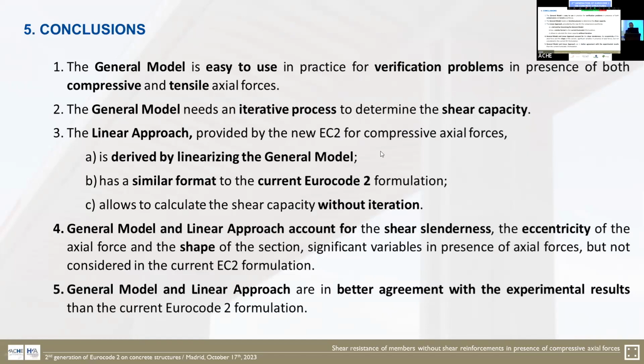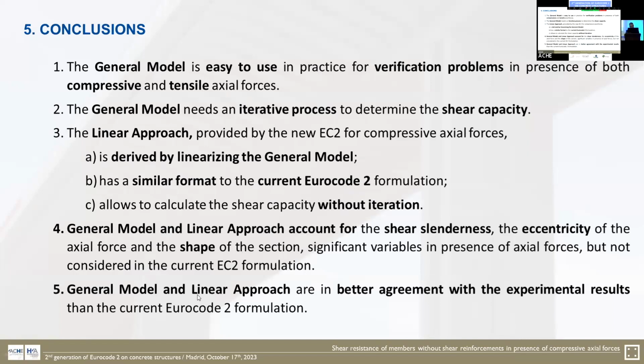However, the linear approach allows to calculate the shear capacity without iteration, but only applies for members subjected to compressive axial forces. This linear approach has a similar format to the current EC2 formulation and is consistent with the general model because it's derived by linearizing this model.